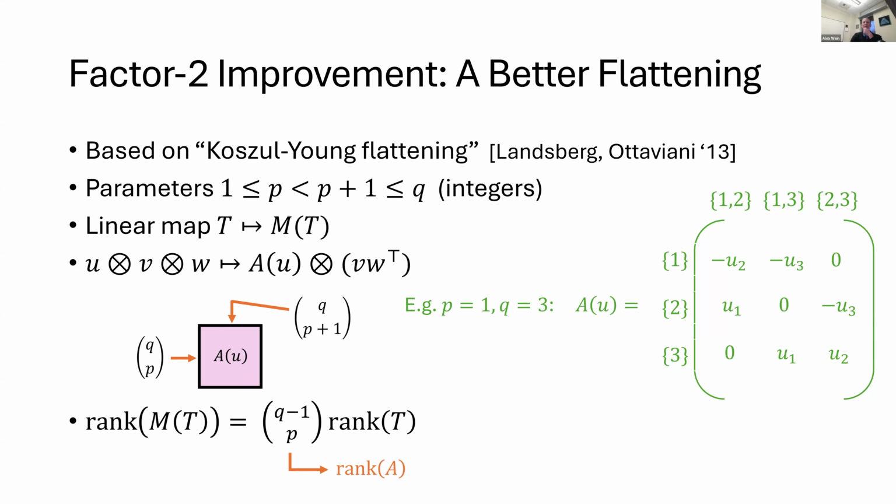It's key for this construction that the matrix A is somewhat rank deficient. For example, as you take Q large and P roughly half of Q, it's rank deficient by a factor of 2. And that's where our factor of 2 improvement comes from.